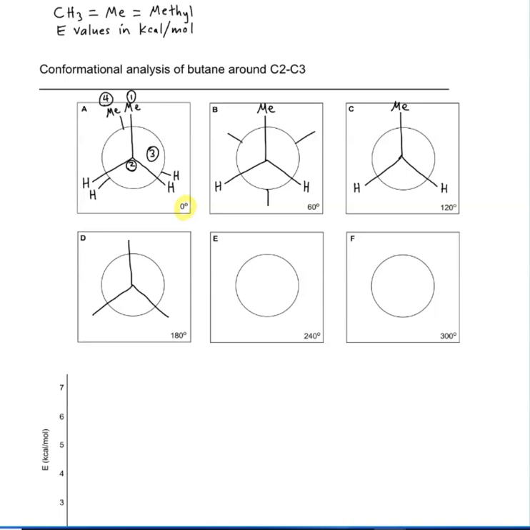So if we rotate in a 60-degree increment, remember these are all 60-degree increments, if we rotate 60 degrees around the bond in a clockwise fashion from our perspective, that's going to put the methyl group that's carbon 4 over here. So this is 4. Here's 1, 2, and 3.